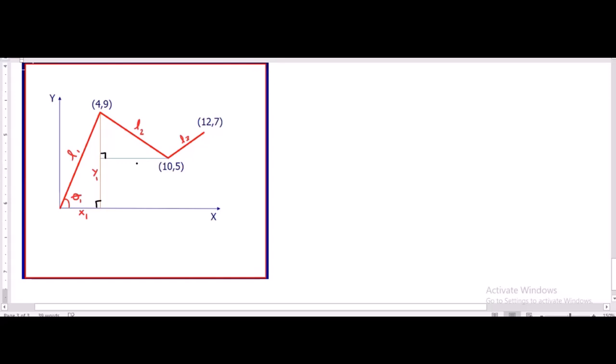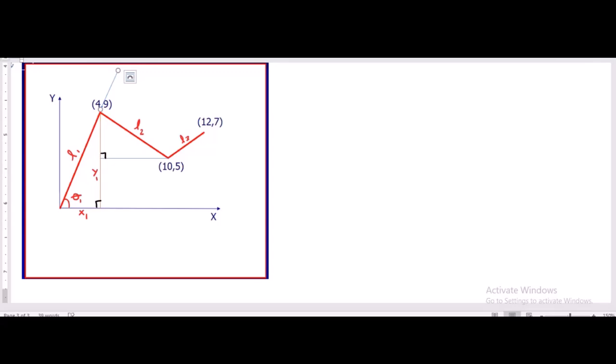And the theta 1, where is the theta 1? I mean theta 2. So you need to project a line extended along L1. So this is the extended line along L1. We need to move a little. Yeah, that's it.